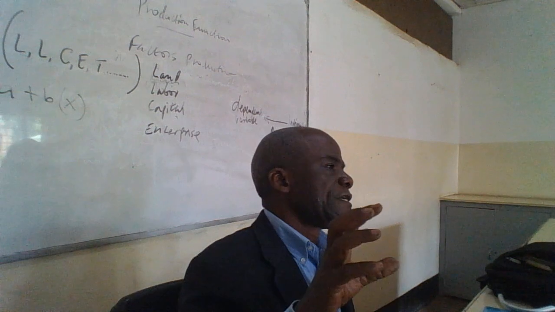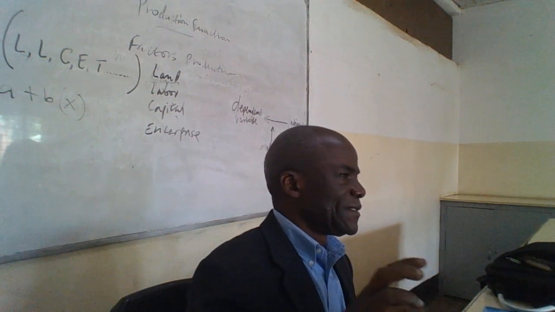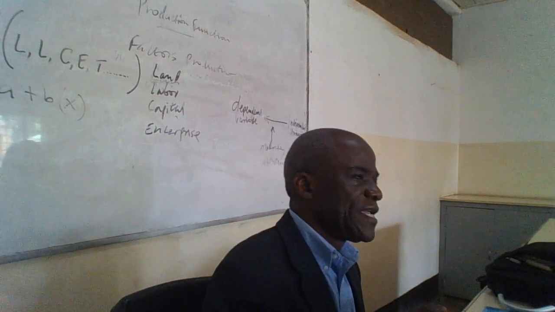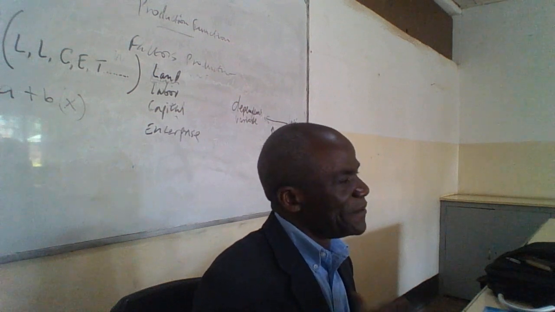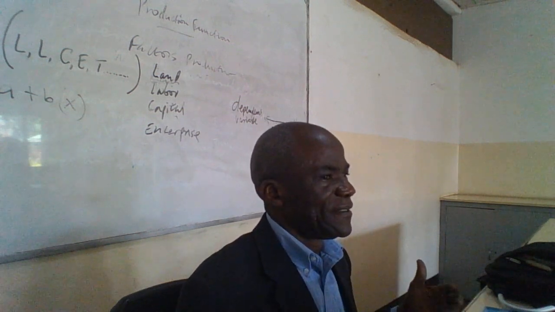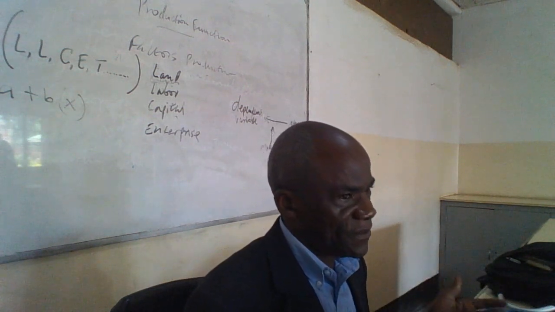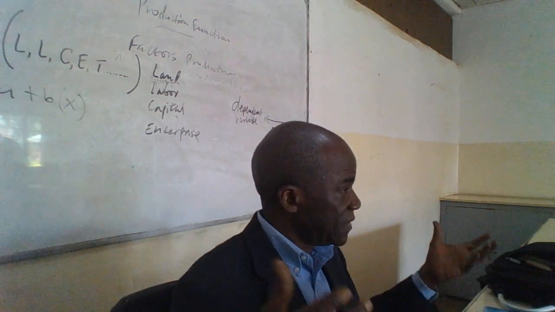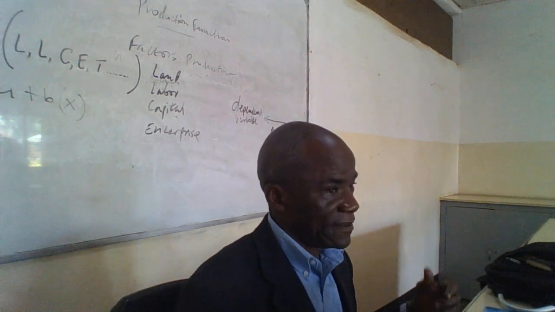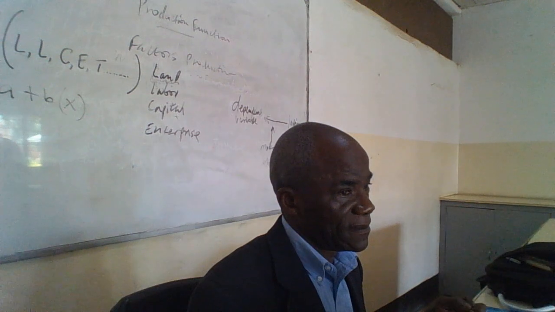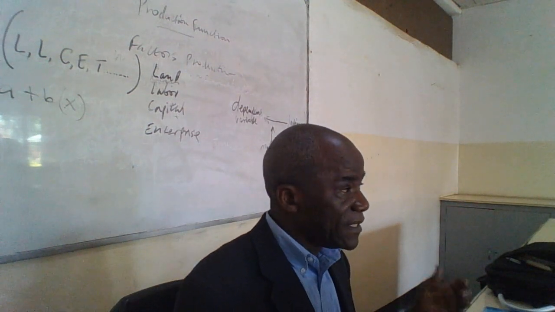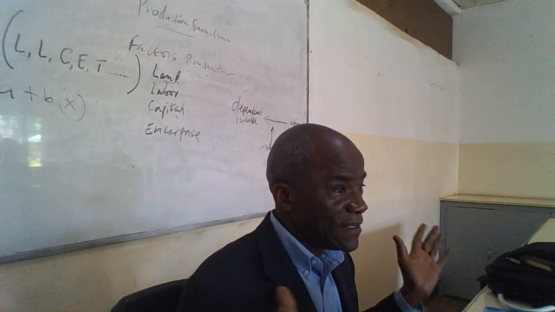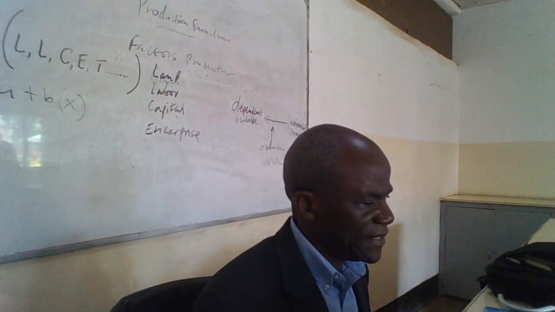So using prices, knowing the cost of each will help you determine which is the least cost combination. I'm just trying to explain what I've already said: how does it enable you to choose the least cost? It is what I've just explained.